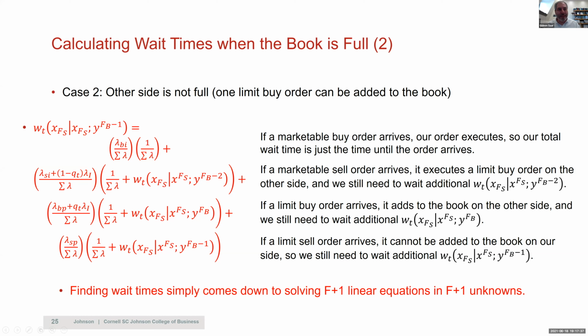So I'm basically getting the FB minus 1 equation in terms of FB minus 2. And I can go like that recursively for the possible limit orders on the other side of the book. When I get to 0, nothing can change further. So I can solve the entire system. It's a system of F plus 1 linear equations in F plus 1 unknowns, and it can always be solved to give me the expected waiting time, given any possible configuration of the other side of the book, right?